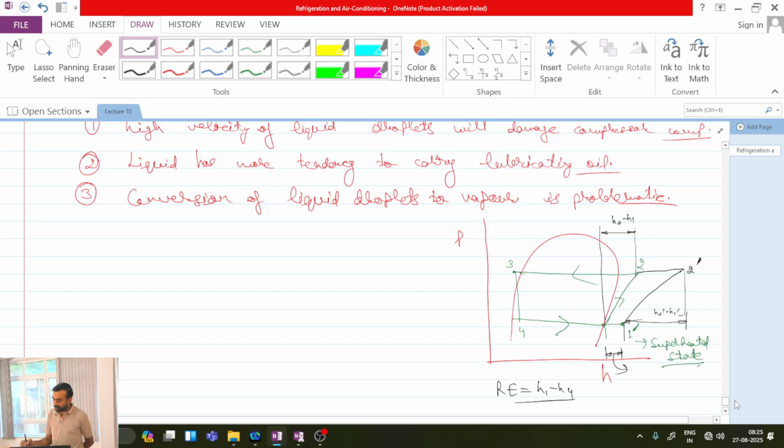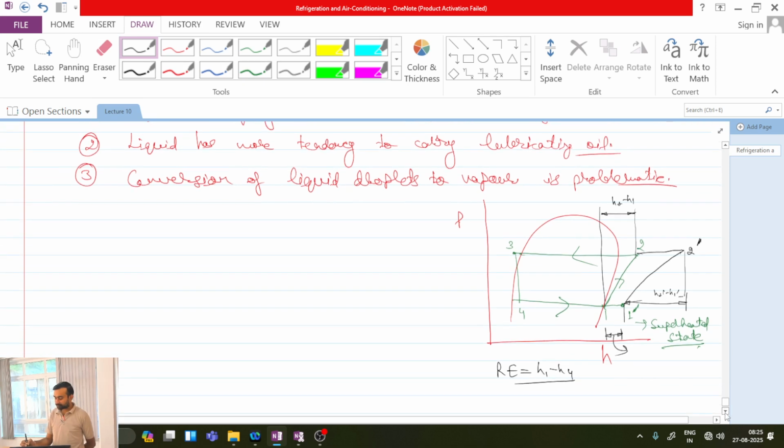So, what is the solution? Another solution could be that over here our aim is to do subcooling, and here our aim is to do superheating. And if I now compare the temperatures, the temperature at this point, particularly the saturated point, is significantly high in comparison to the temperature of saturated vapor at the exit of the evaporator.